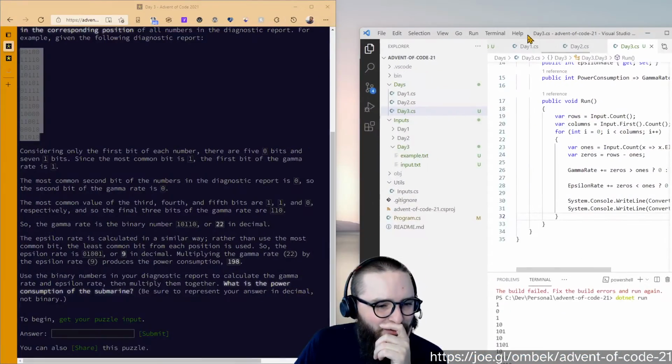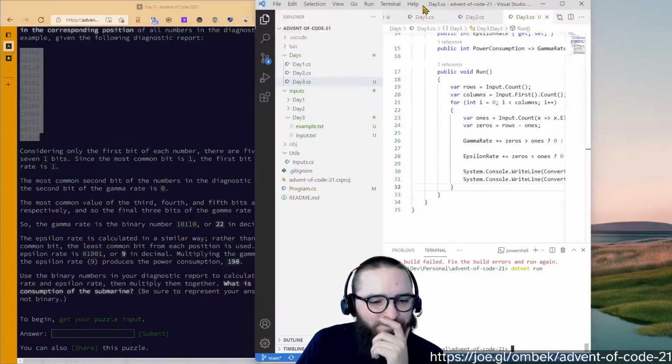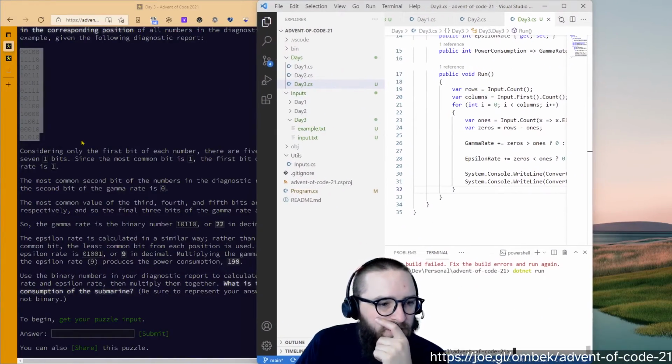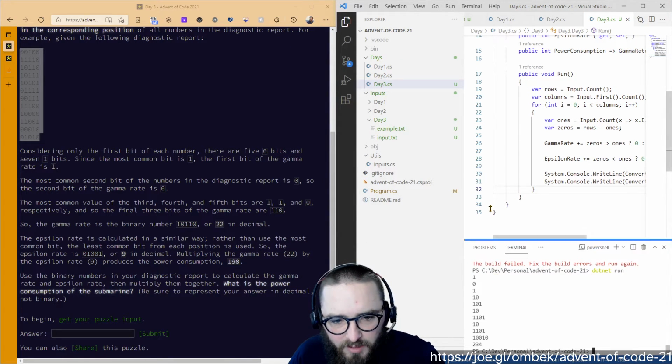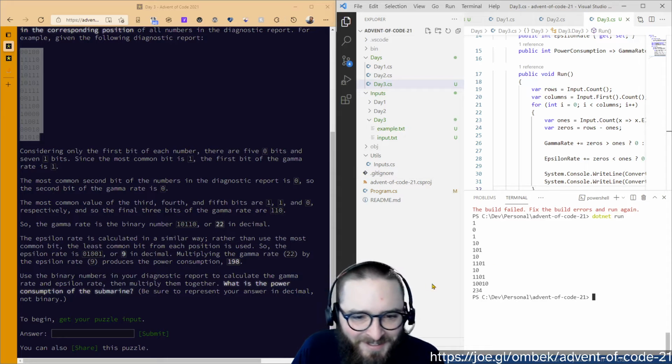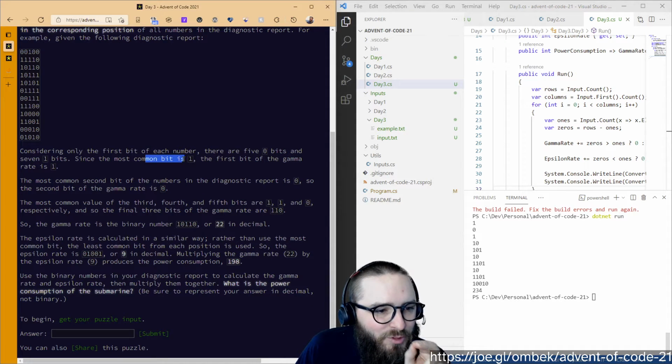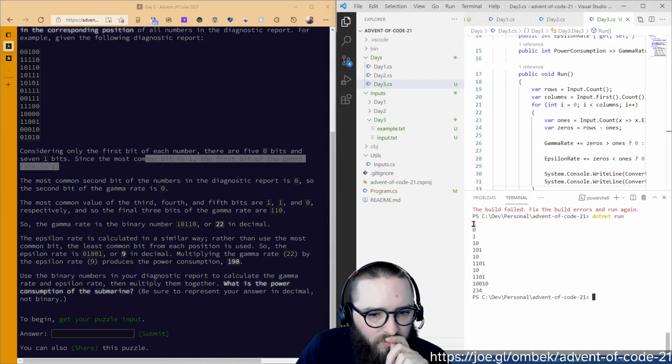Okay, so I got 2, 3, 4, so that's not right. So let's run through this then. I've already done my console write lines because I kind of predicted this wouldn't work. Since the most common bit is 1, the first bit of the gamma rate is 1.